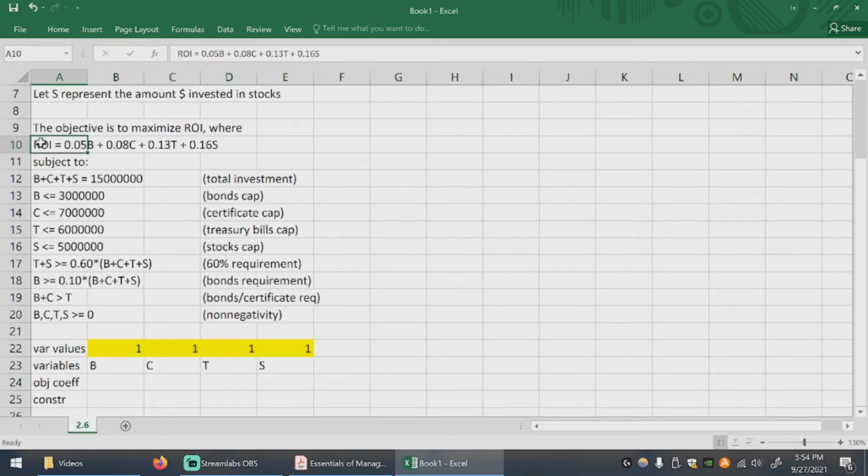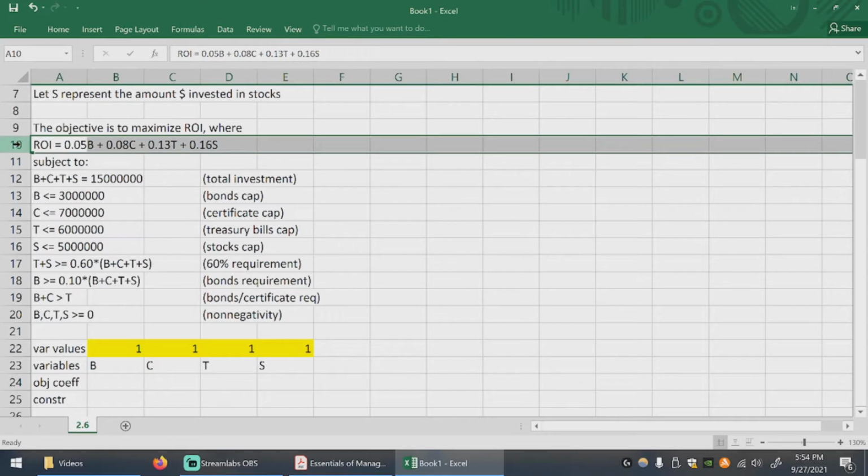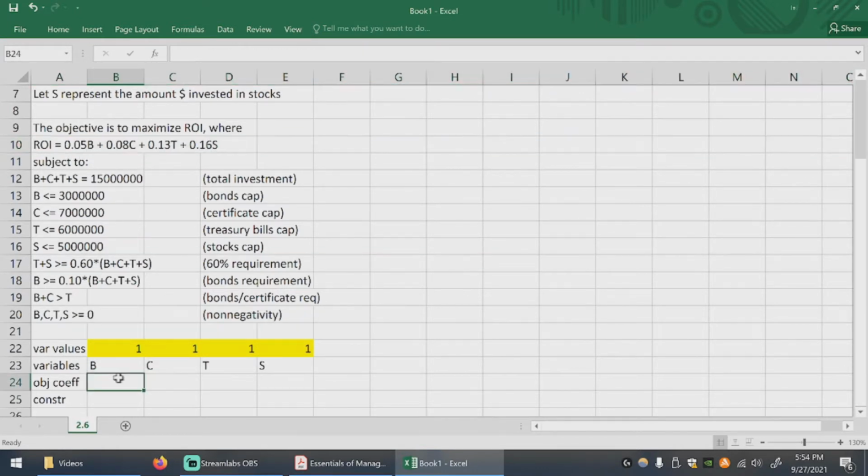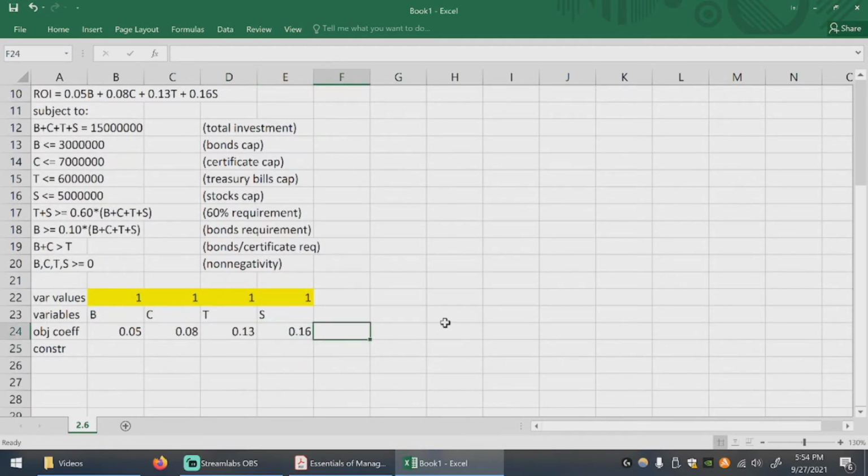Well, they're over here. The coefficients of the variables in the objective function. So for B it is 0.05, for C it is 0.08, for T it is 0.13, for S it is 0.16.